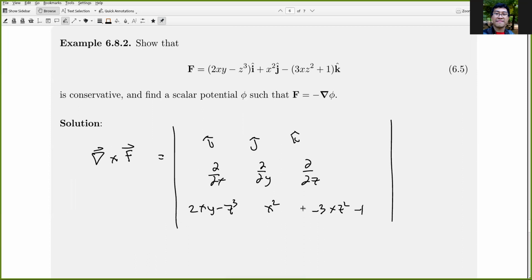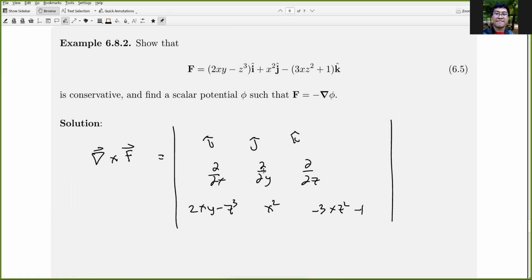Take the determinant. For the i component, the partial derivative of the z component with respect to y is 0, and the partial derivative of the y component with respect to z is also 0. For the k component, the partial derivative of x squared with respect to x is 2x.